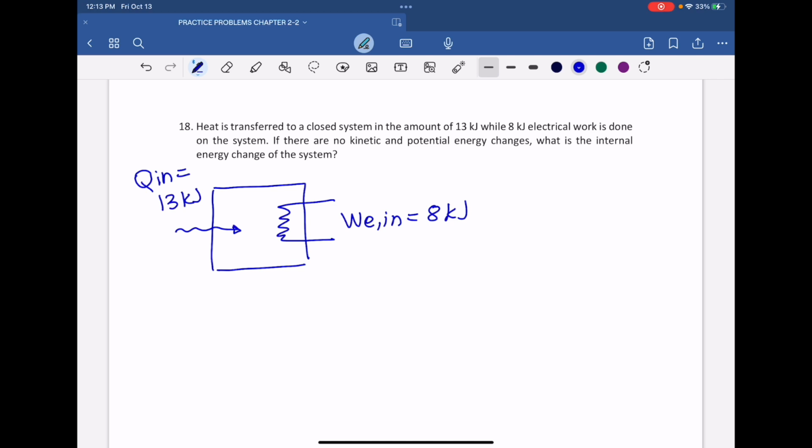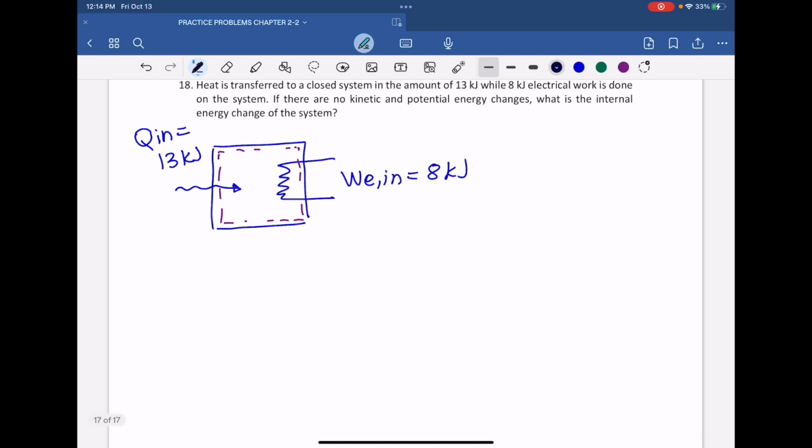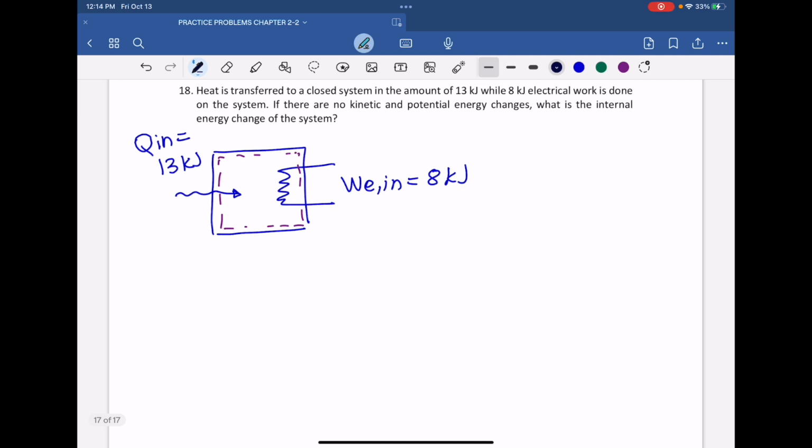So energy can only be carried with heat and work in and out of our system, right? So therefore these energy interactions should be changing the energy of our system as they cross the boundary of our system. So again, we start with writing the general form of energy balance.